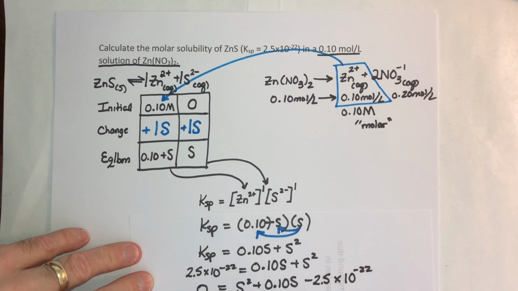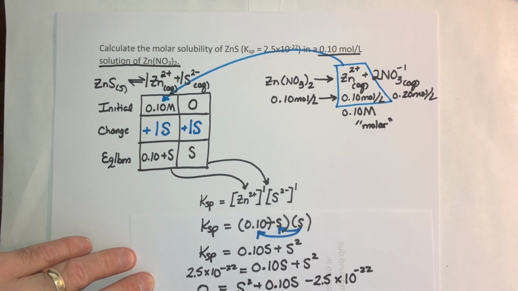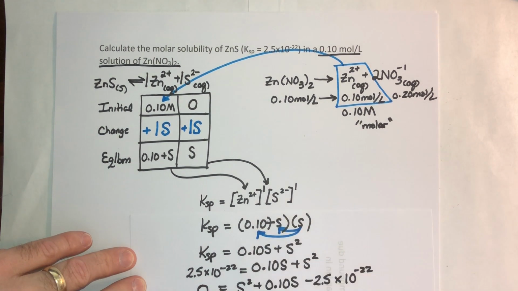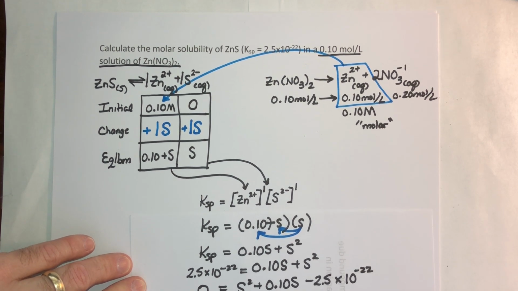Now for some of these, you're going to get cubic S's or you'll get quartics, S to the power of 3 or S to the power of 4. And they become a lot harder to solve mathematically. Now, if you are required to do that, then you're just going to have to work your way through the math, and that's just the way life is. But for the most part, we're chemists.